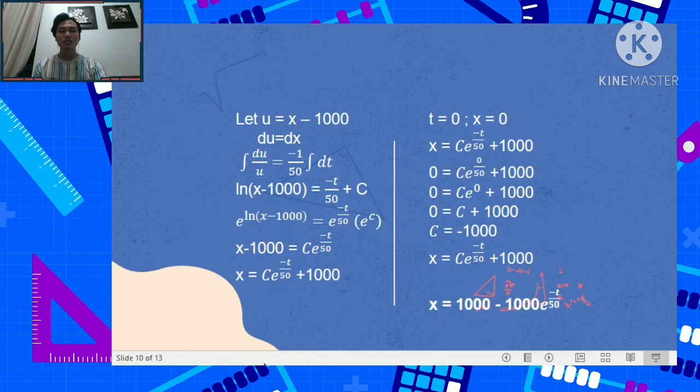Then we will transpose negative 1000, resulting in x is equal to c e to the power of negative t over 50 plus 1000. And this will be our base formula.